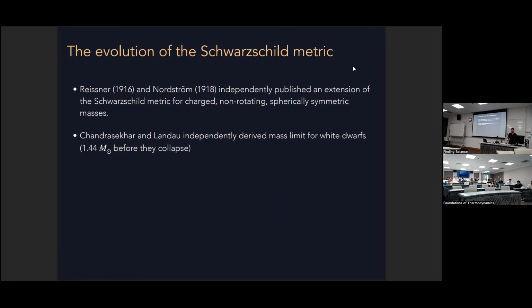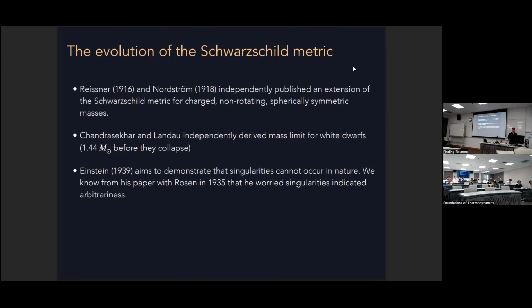Chandrasekhar and Landau independently derive mass limits for a white dwarf, so the precursors to what we'll call black holes now, before they collapse. What's the mass limit that they can get up to before collapse? And then Einstein aims to demonstrate that singularities can't occur in nature. And we know this from a paper with Rosen in 1935 that he worried singularities indicated arbitrariness.